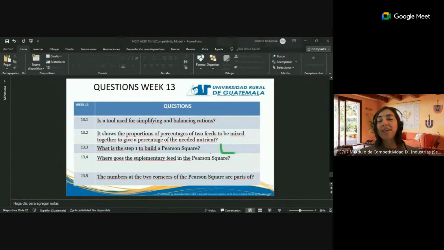Remember, the first step is just to draw a square. Number 4, where does the supplementary feed go in the Pearson square? It goes in the upper corner or in the lower corner. And the last question, the numbers of the two corners of the Pearson square are part of what? Everything is in the presentation.